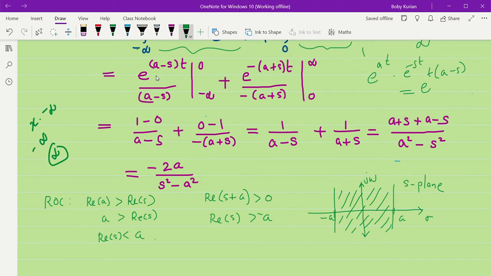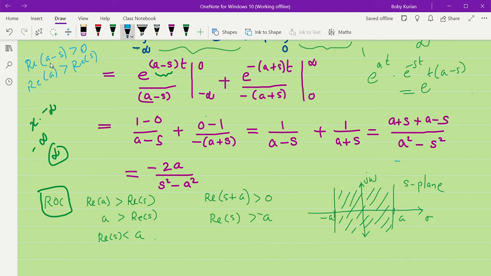So we have to consider that a minus s must be positive in order to find the region of convergence. The real part of a minus s should be greater than 0. That means the real part of a should be greater than the real part of s.